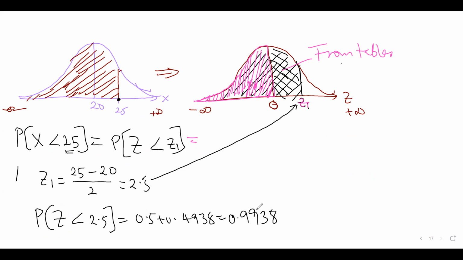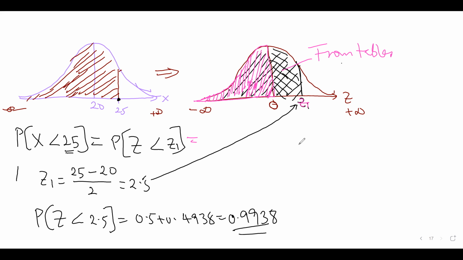So we're saying that probability is quite high. There's a very high probability that a student who is chosen randomly from that class is aged less than 25 years old. So this area here, as you can see, is more than half. Okay. So that is how you transform X into a Z.